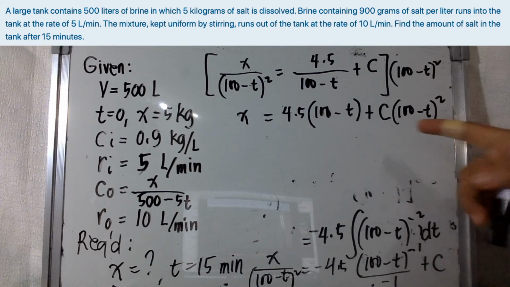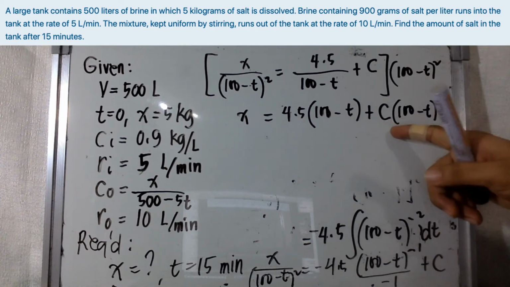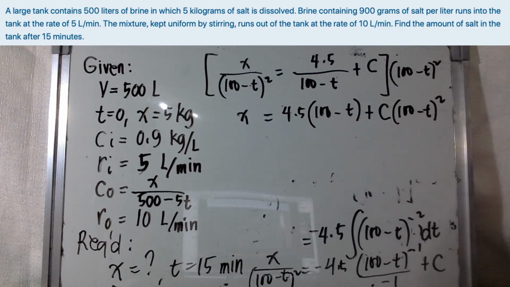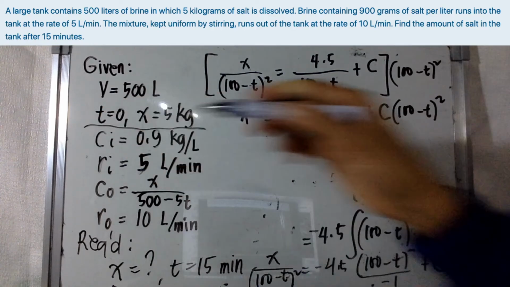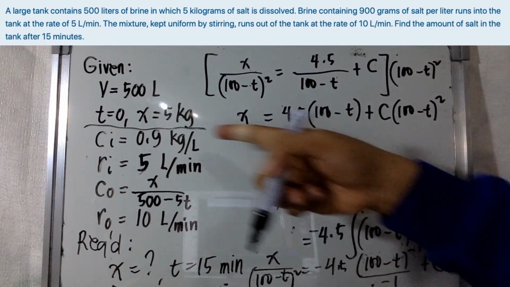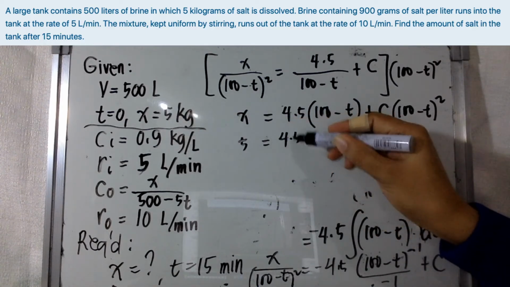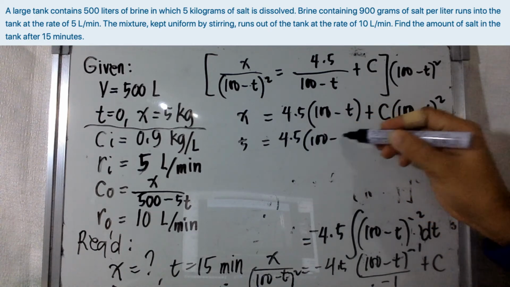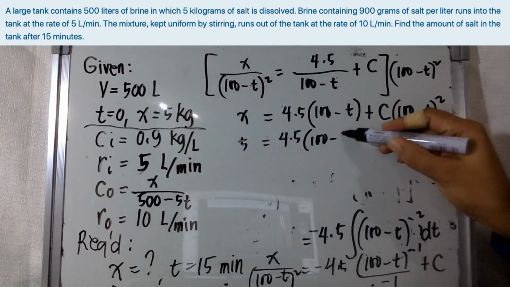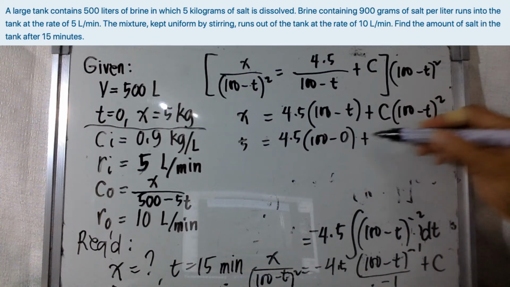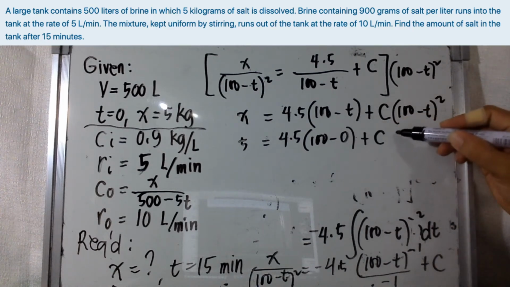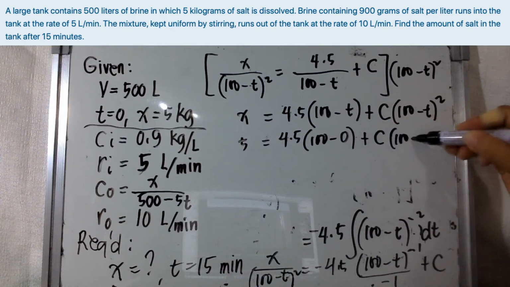Now, we need to determine the expression, so we find the value of the arbitrary constant c. We utilize the initial condition. So we plug in 5 here, equals 4.5 times 100 minus the time, which is 0 initially. So that's 100 minus 0. So you have c times 100 minus 0 squared.